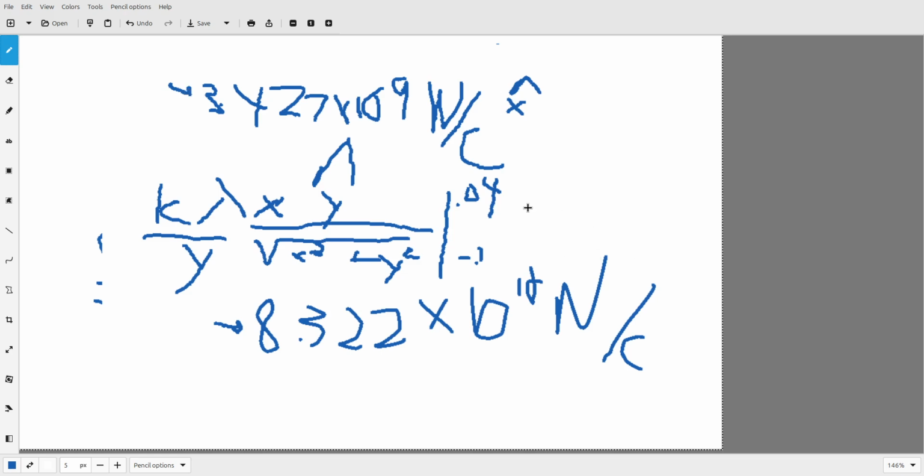These are the x and y components of the field, and so we get 8.39 times 10 to the 10 newtons per coulomb. And then we take the arctangent of this y component over this x component, and we get an angle of 87 degrees.